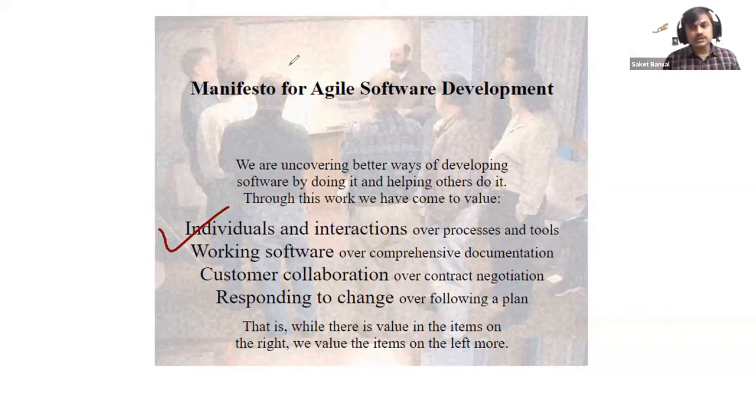So it's very difficult to give you a document and tell you the exact process for how you should go forward. So what should I do in its absence? I promote people talking to each other. I can say, guys, we do have a process, but things can change because we are working in a new world, so why don't you keep talking to each other and find out how we should adapt to it? That's why they promote that in a change-driven environment, it's better to focus on people talking to each other rather than just focusing on process and tools.